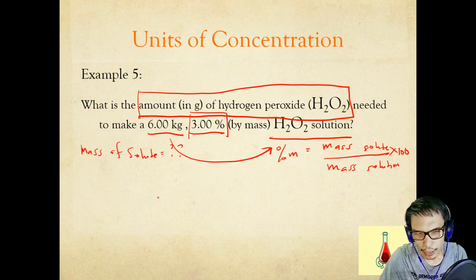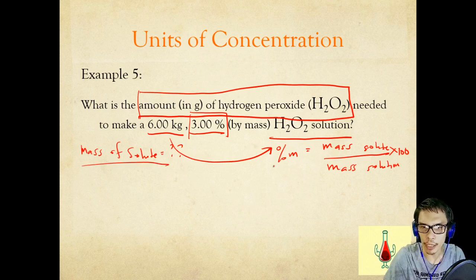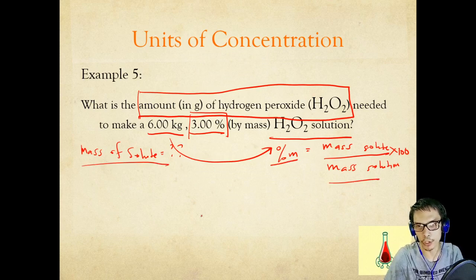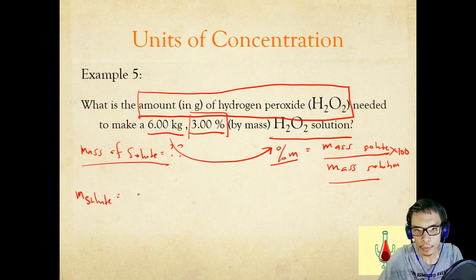So what is the mass of the solute? There's none. That's the one that we are looking for. So technically, we can use this formula: mass of solute is equal to percent by mass times mass of solution.